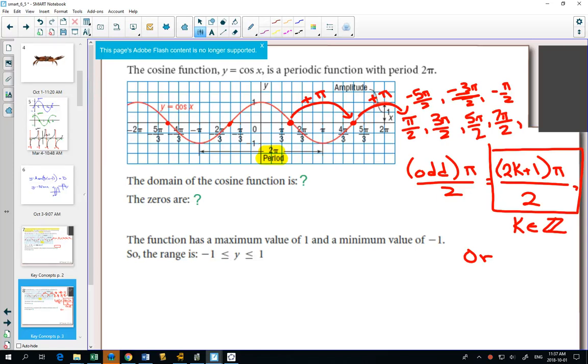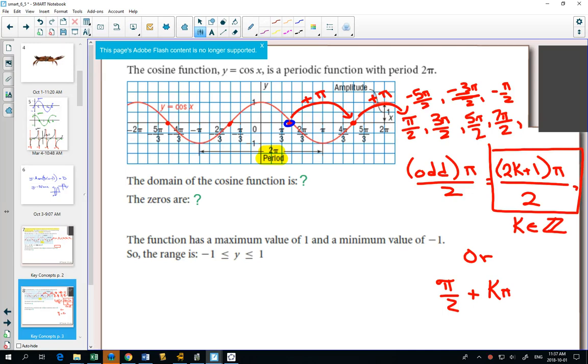So another way that the zeros of cosine are sometimes written is like this. Start with pi over 2. That includes this one right here. And then we can add or subtract pi as many times as we want. If I add pi once, I'd get to the next one.